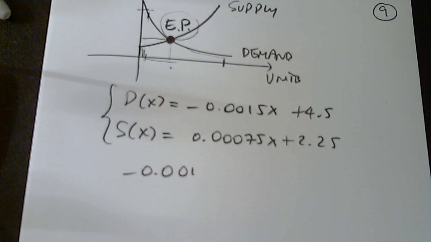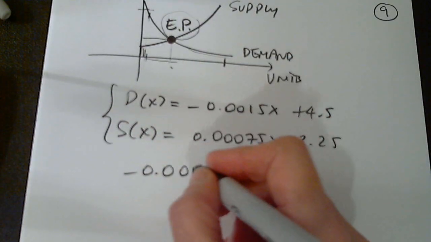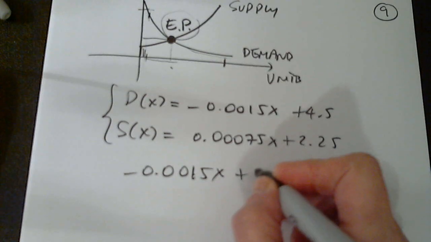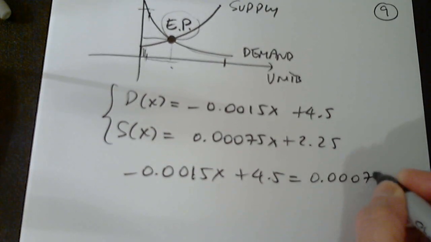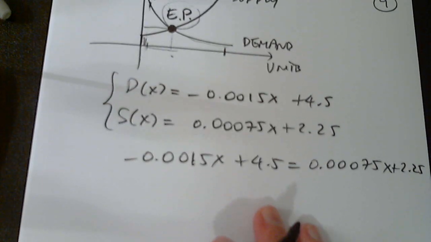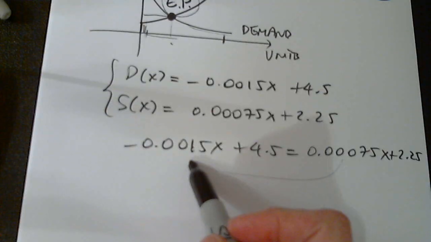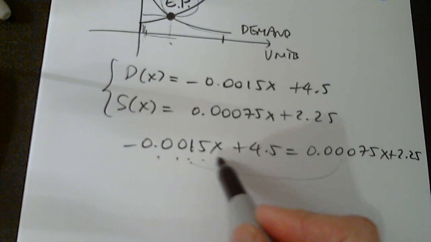I only saw 2, but yes, 2 zeros. Okay, 15x plus 4.5 equals 0.00075x plus 2.25. Okay, so I'm going to move this here, and I have 3 zeros and 75.